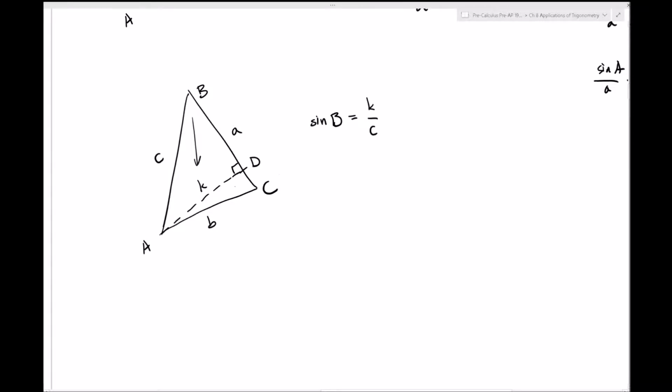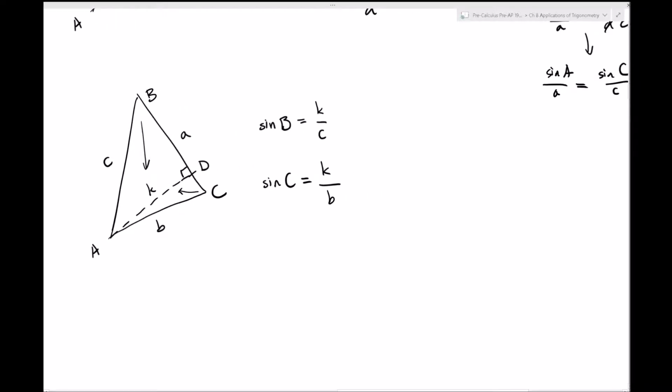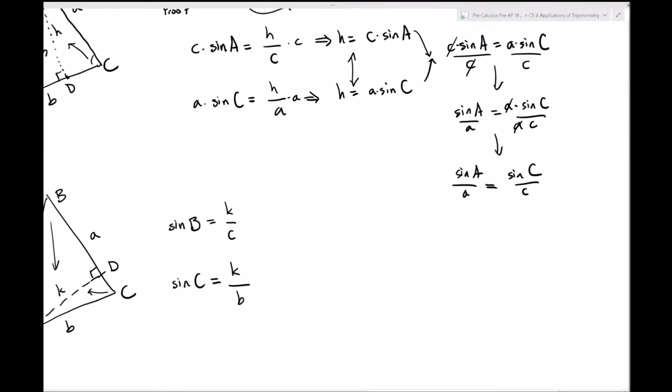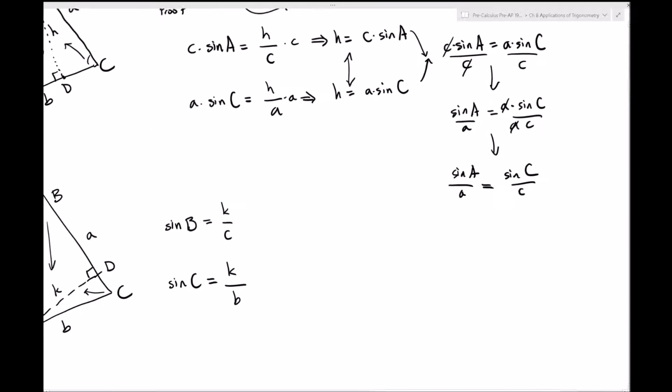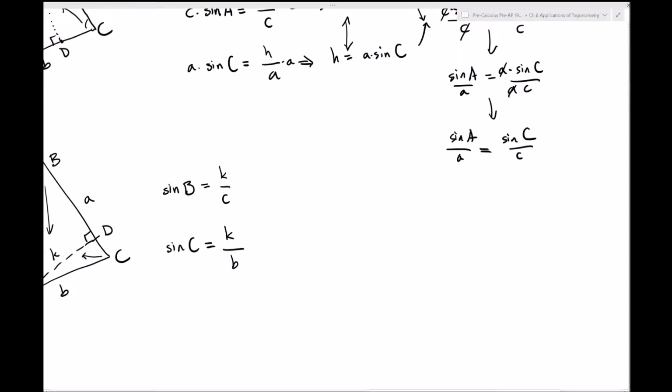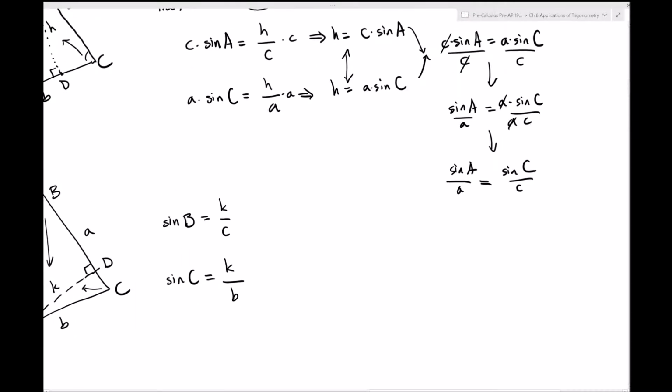Now if I wanted sine of C, opposite is k divided by hypotenuse. In this case, that's little b. That's for triangle CAD. And those are the two ratios I want. I follow the same mathematical procedure here, and I should get that sine of B over little b is equal to sine of C over little c.